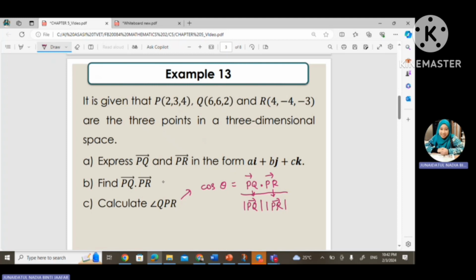From question B we already have the answer for PQ dot PR. So now we must find the magnitude of PQ and the magnitude of PR.